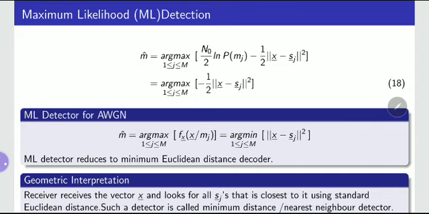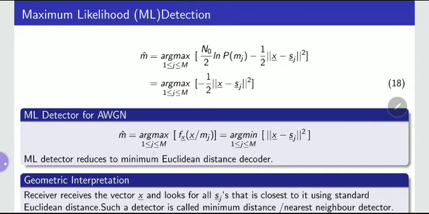So, ML detector. Actually the MAP rule was maximize P of Mj into Fx of x given Mj. Now if all the messages are equiprobable, then P of Mj becomes 1 by M. It is a constant. It is the same for all the values of j.